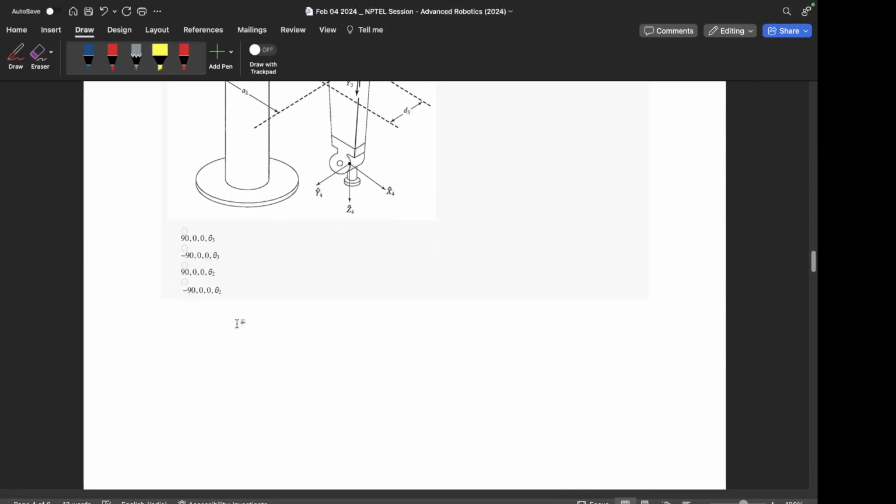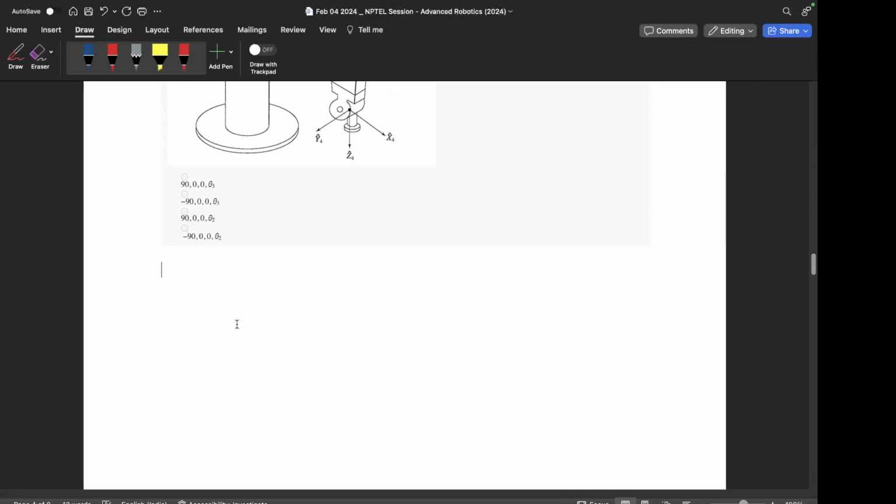So let's continue here. Note that this is a derivation continued.